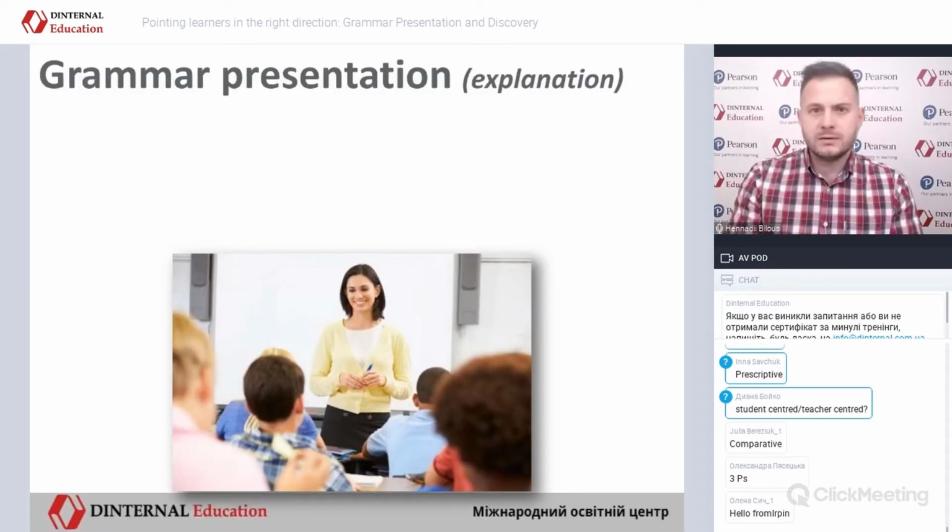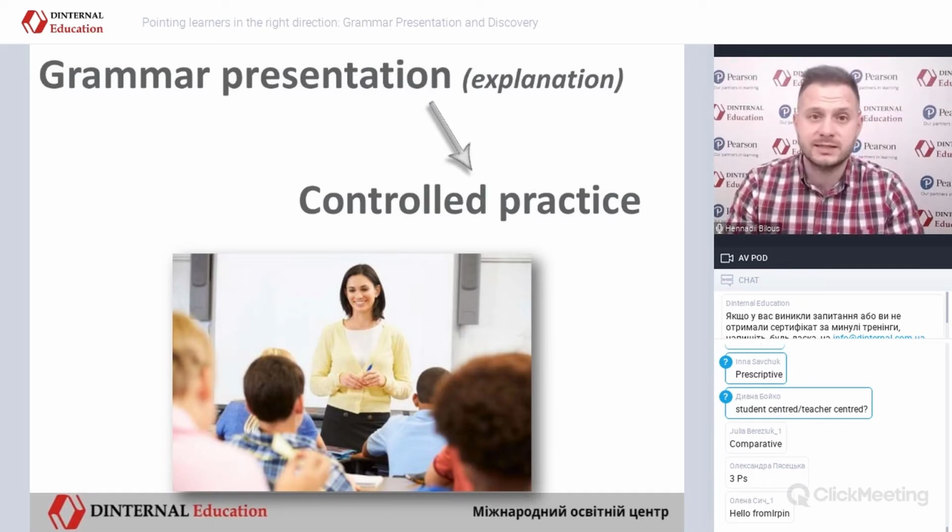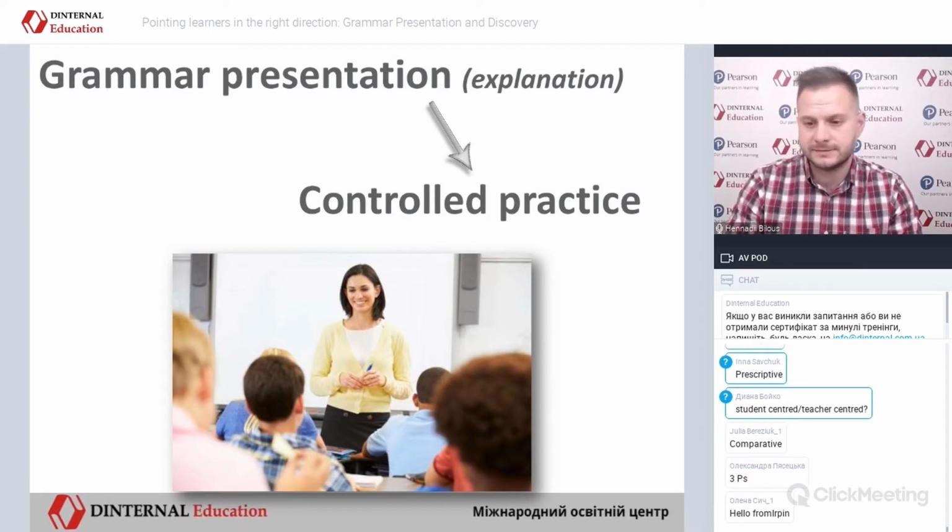So basically what has happened by now in our lesson is that grammar presentation took place by means of explanation. So the teacher introduced present perfect, and we explained how it works, and we gave out the form, and then the students were taken straight into some controlled practice activities. Open the brackets and all that stuff.